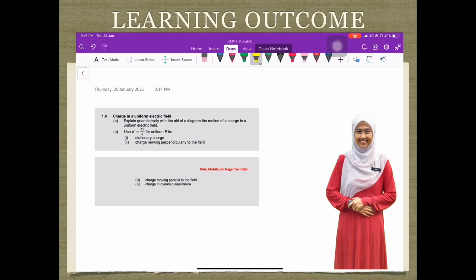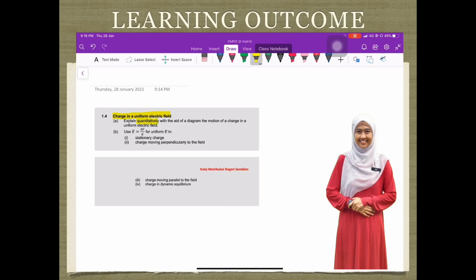1.4 Charge in a uniform electric field. Students should be able to explain quantitatively, with the aid of a diagram, the motion of a charge in a uniform electric field.